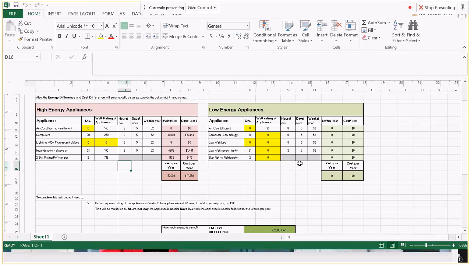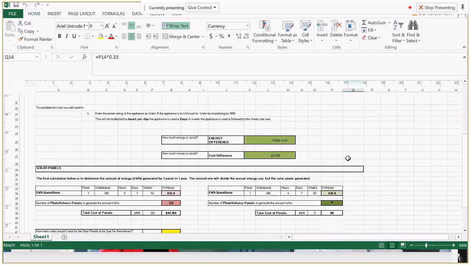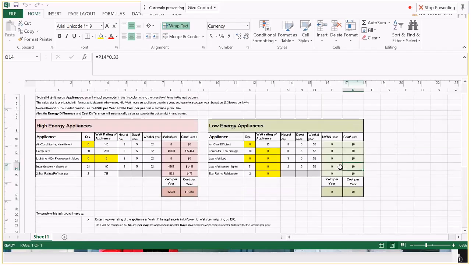Don't go modifying any of the equations or any of the formula in each of these cells. That one doesn't have a formula, but that one does. The formula just makes it fill itself out automatically. If you start mucking around with the formula, it mucks around with the whole thing. So just the yellow squares, and that will be a guide as to what information you need to find.